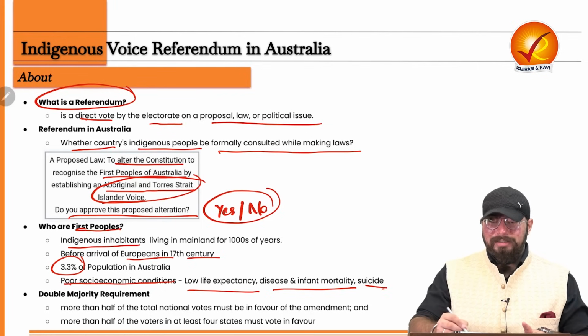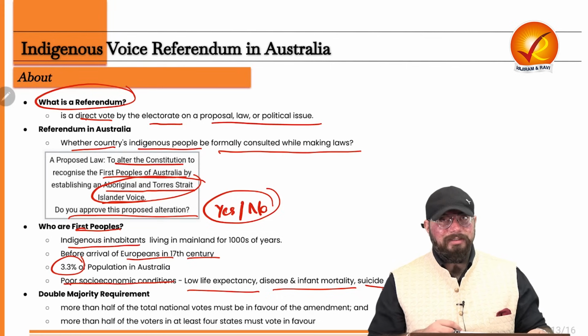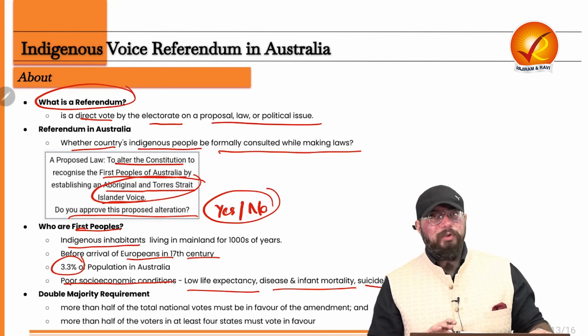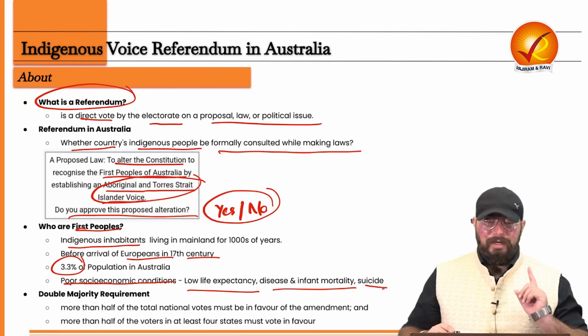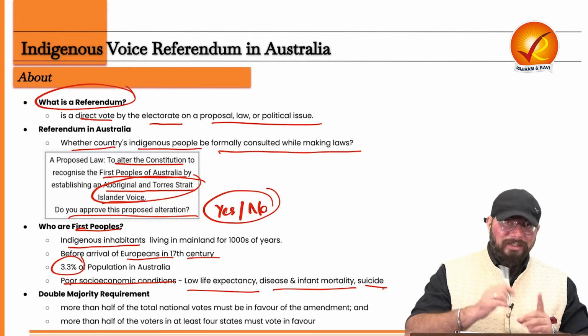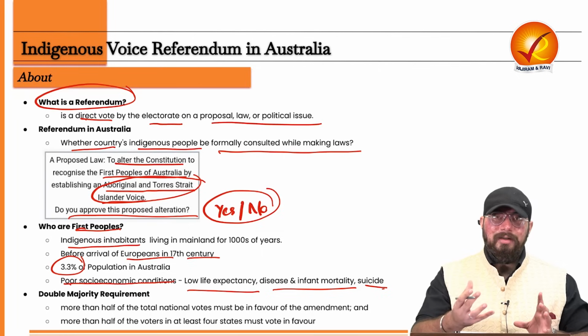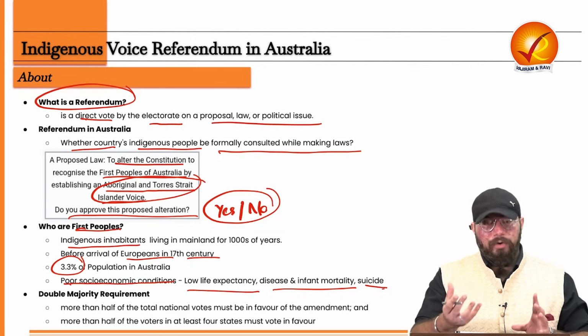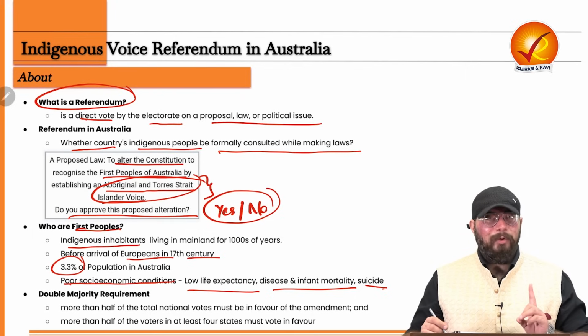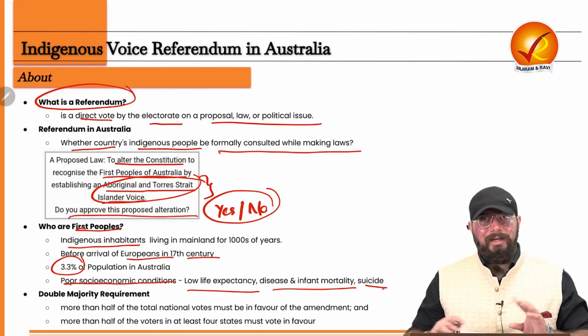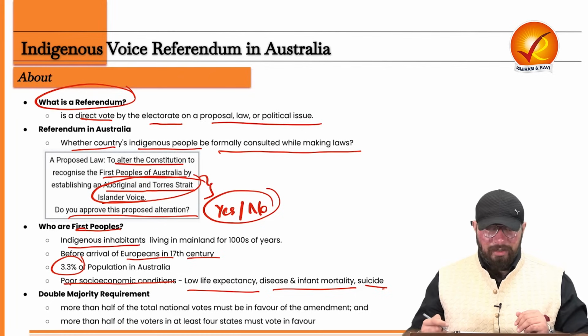The suicide rate among these indigenous inhabitants is also very high. And this is the referendum, that should they be recognized or not, and should a separate body be made or not. The name of the body is the Aboriginal and Torres Strait Islander Voice. Should it be made or not? That is what the referendum is all about.